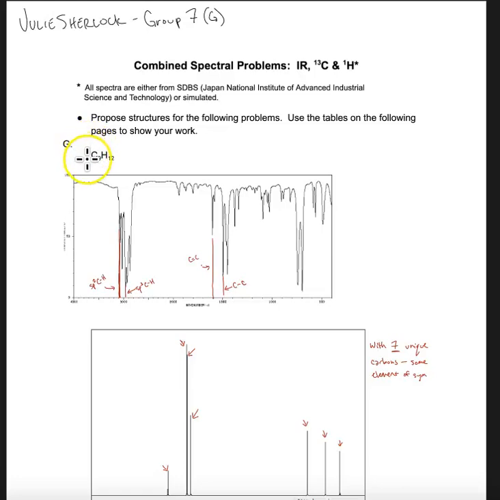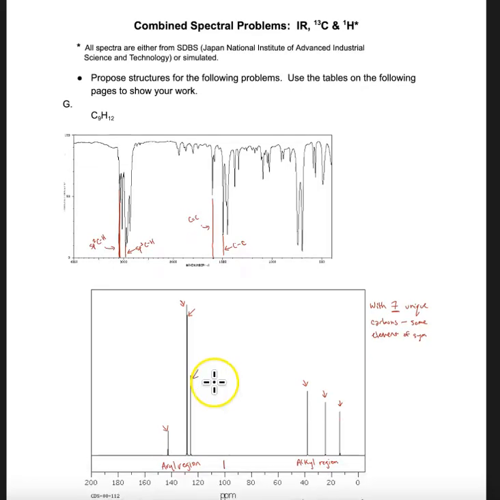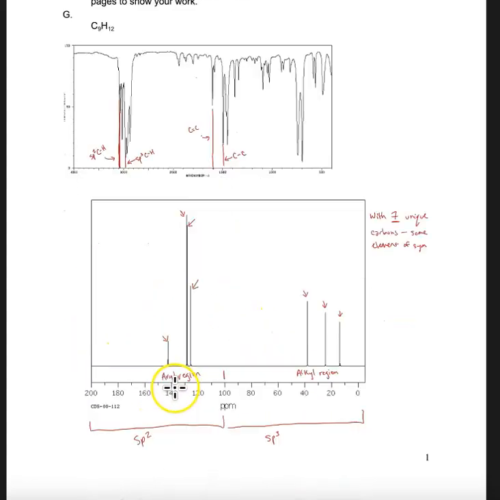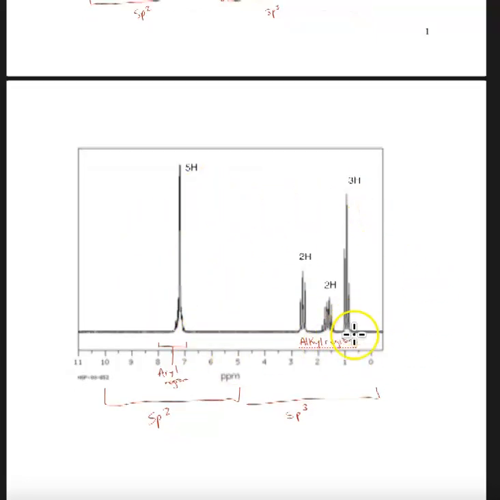So our molecular formula is C9H12, and here are our graphs for each of those. This is our IR spectrometry graph, our carbon-13 NMR spectrometry graph, and our proton NMR graph.